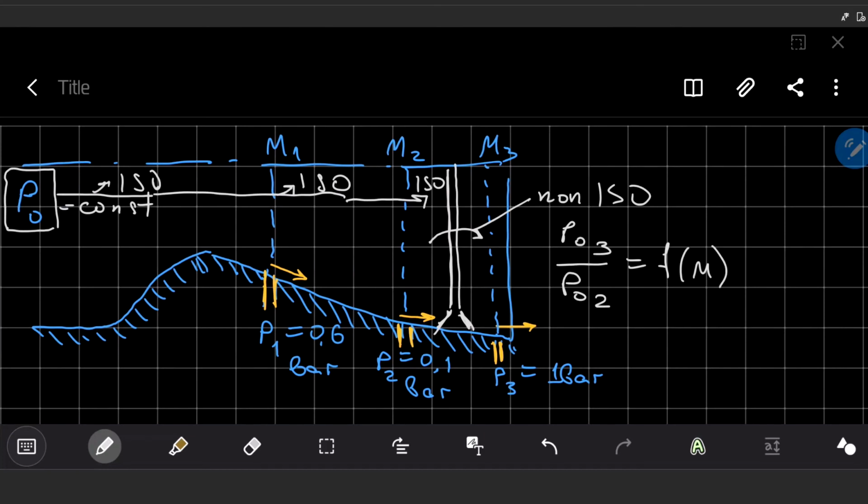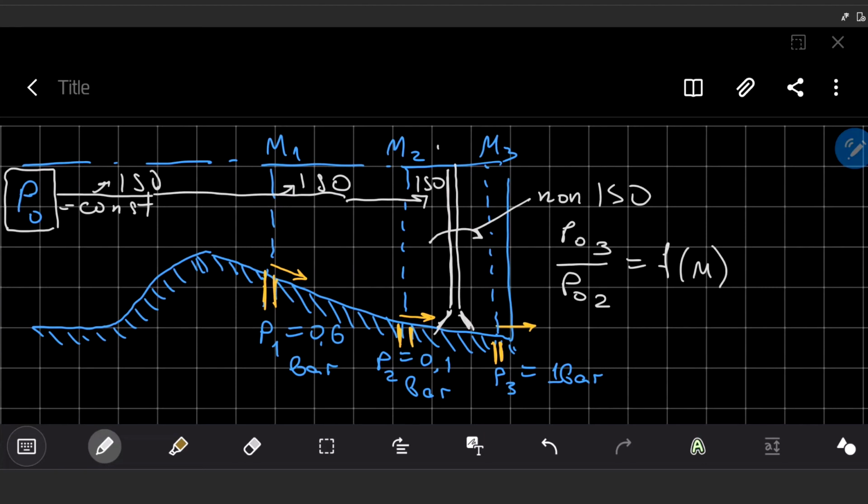So it is difficult to measure other parameters than the pressure. So based on this pressure, we will try to calculate other flow properties, at least the Mach number and stagnation pressure.